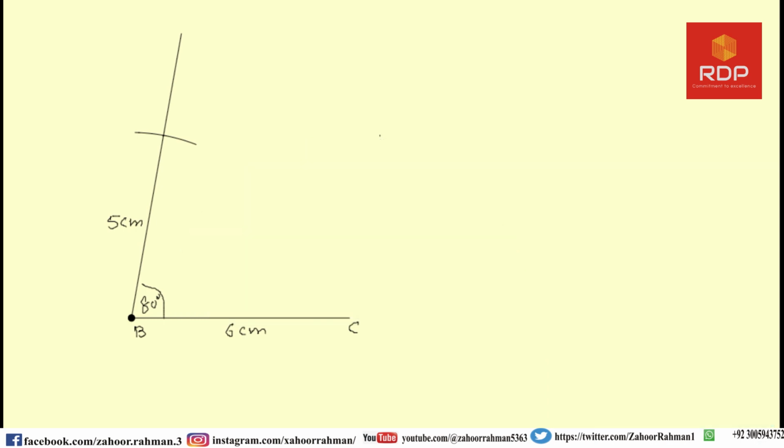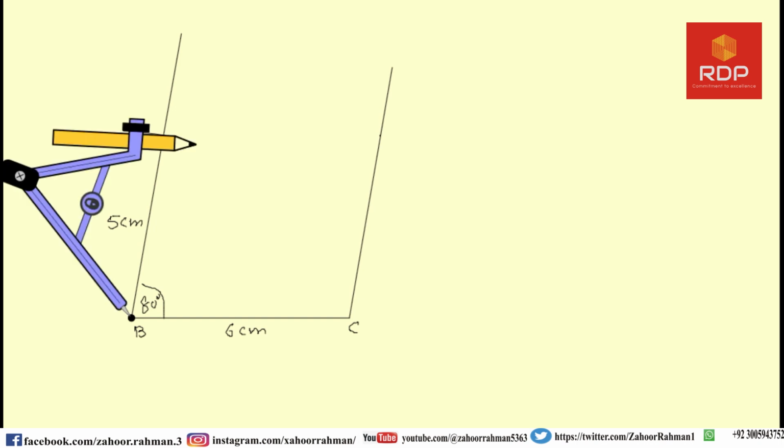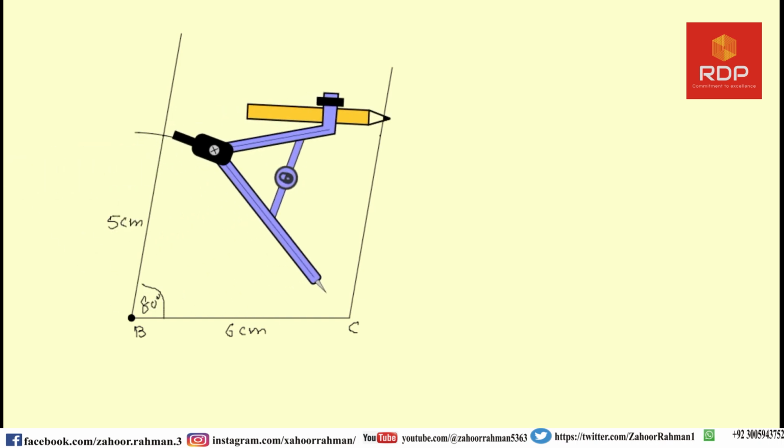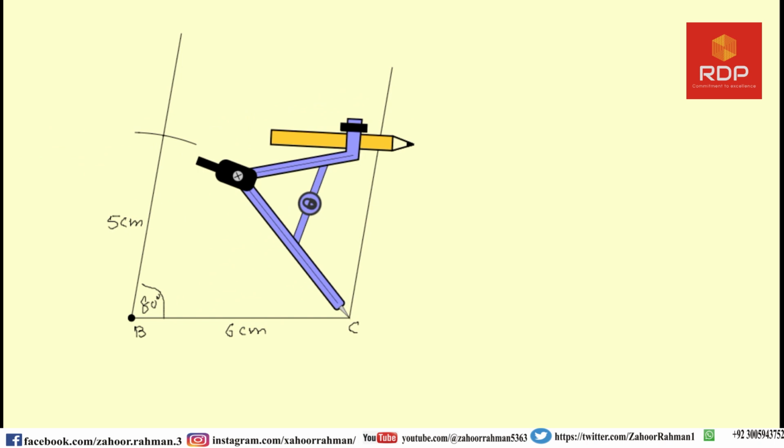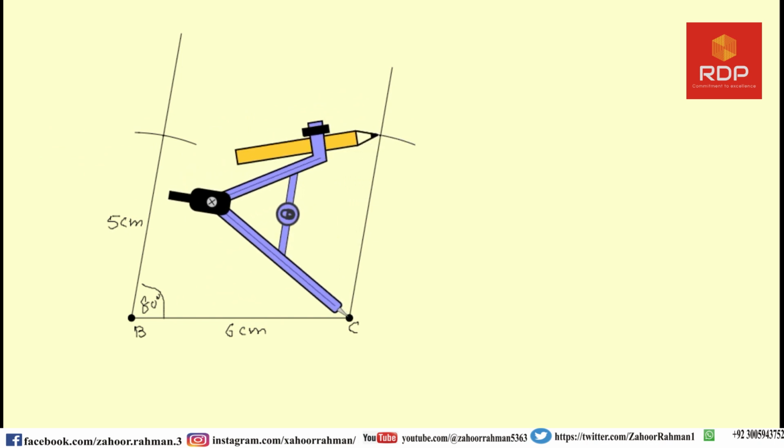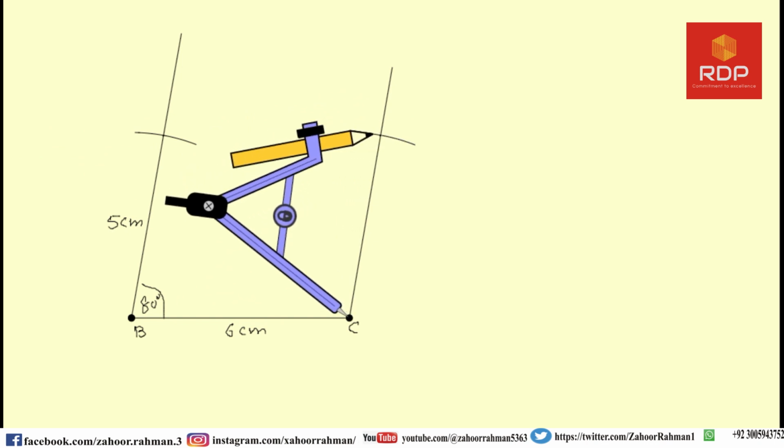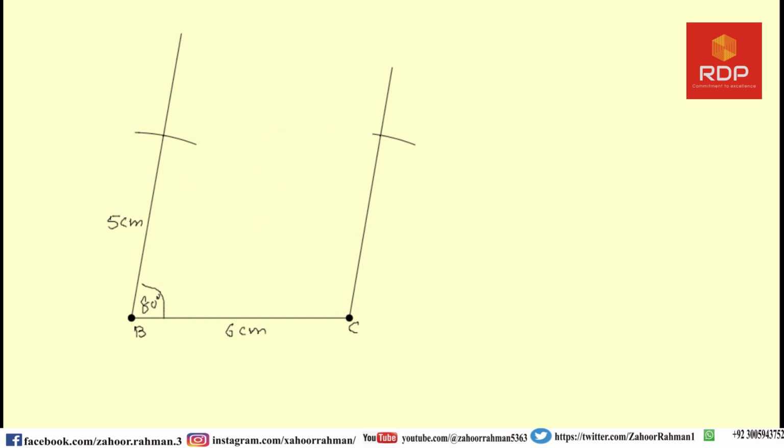So that is why I am drawing this as well here. And again I have to draw an arc of 5 centimeter. So this will be equal to 5 centimeter as well.